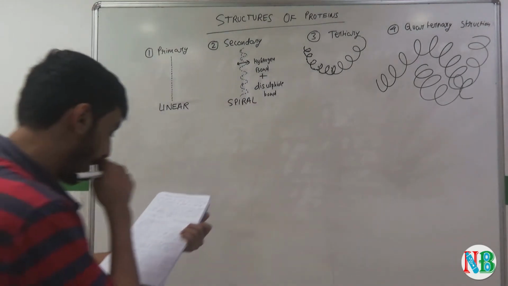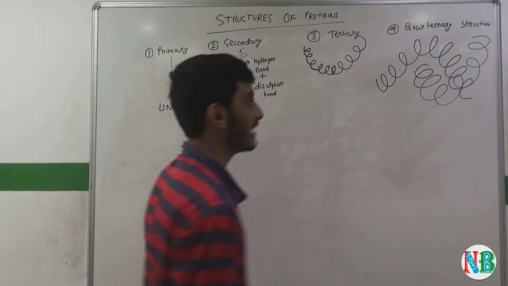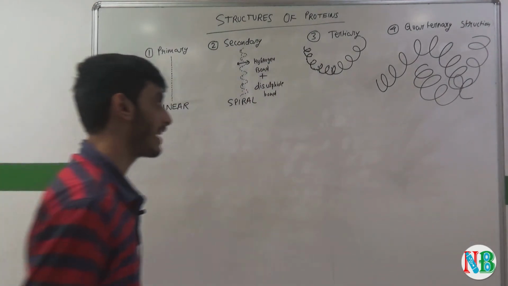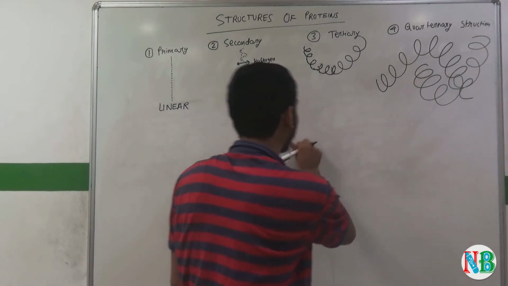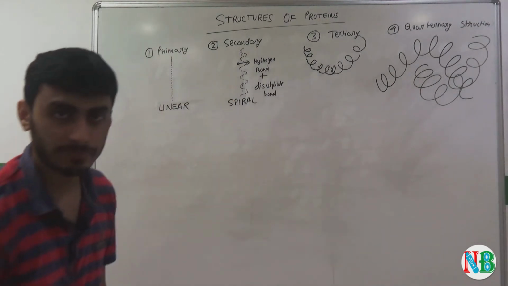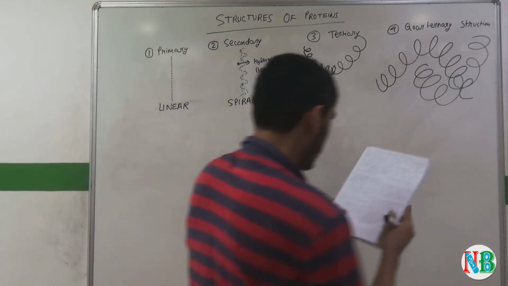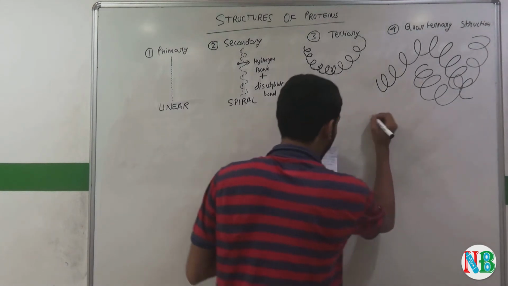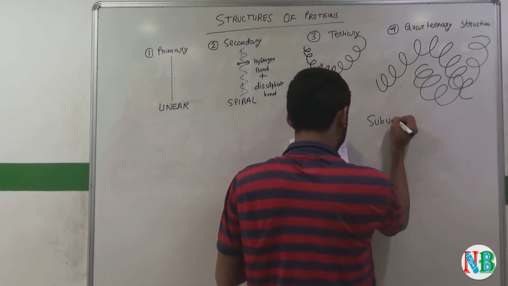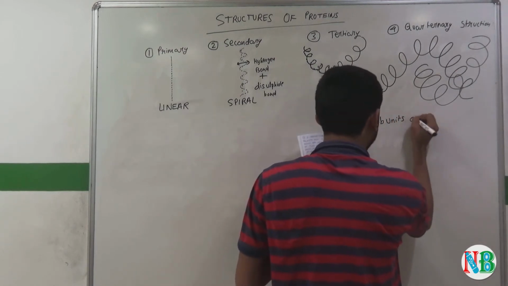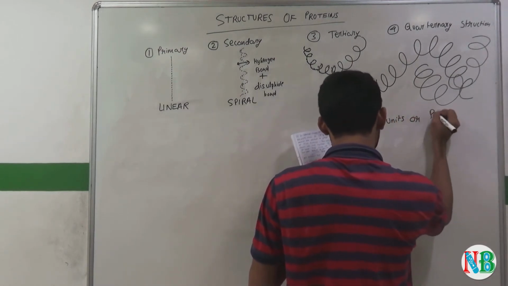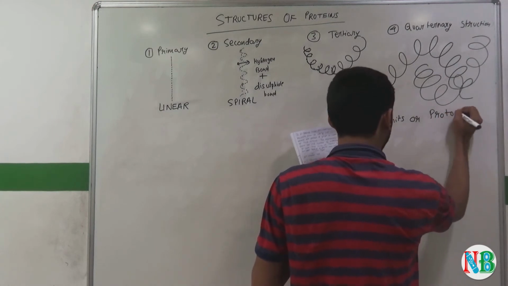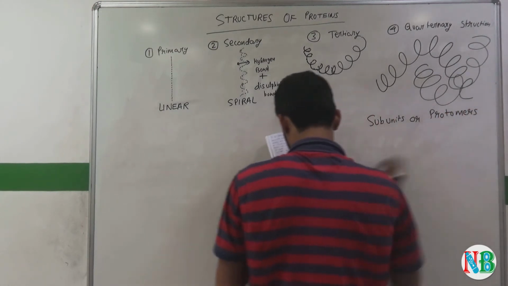In the fourth one, what we see is that sometimes proteins do not exist as a single chain. Some proteins exist as subunits, or these units are also known as protomers.